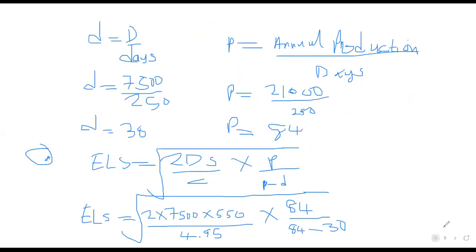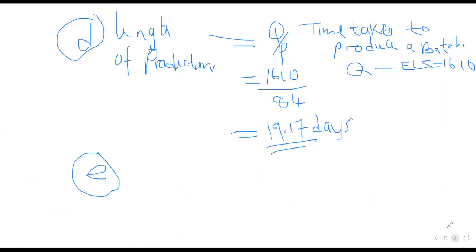You can see the breakdown from here. This is our daily production and this is our daily demand. Daily demand is 30 units, daily production is 84 units. So the time taken to produce a batch is 19.17 days. I don't know if I answered your question.